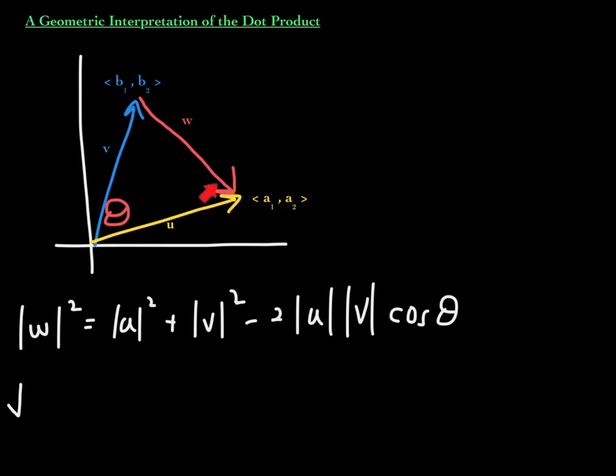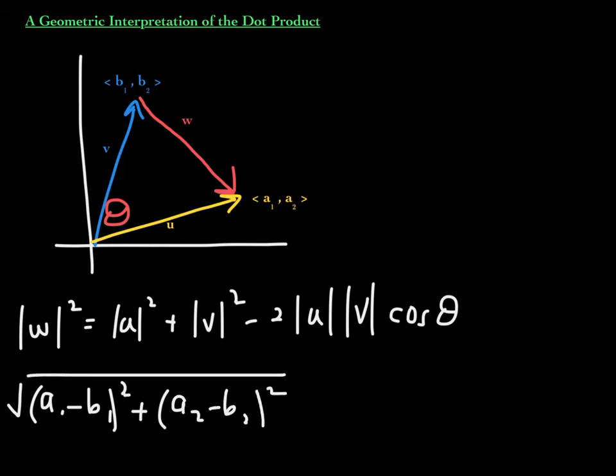So the distance formula will say this x coordinate, a sub 1, minus b sub 1, the other x coordinate, quantity squared, plus, and then it'll be this y coordinate, a sub 2, minus b sub 2, quantity squared.